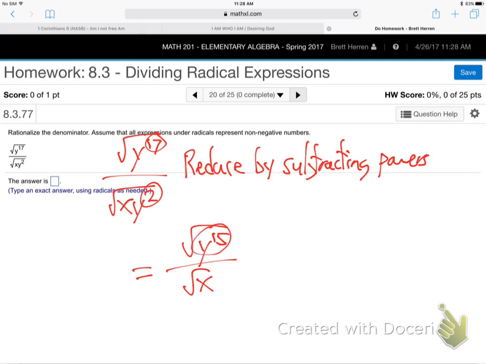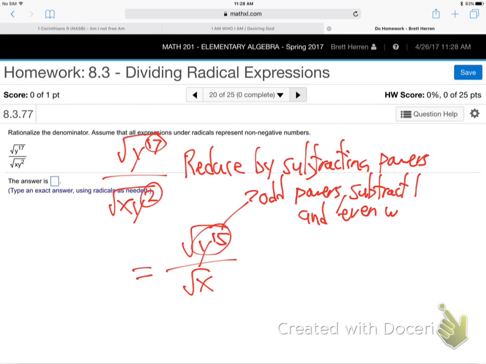Remember what we do with an odd power? Odd powers make it even. So for odd powers, you lower or subtract 1. Subtract 1, and it's even with 1 more.